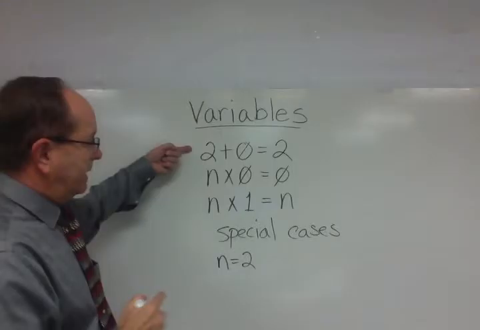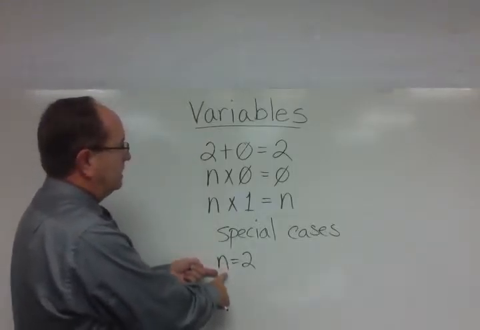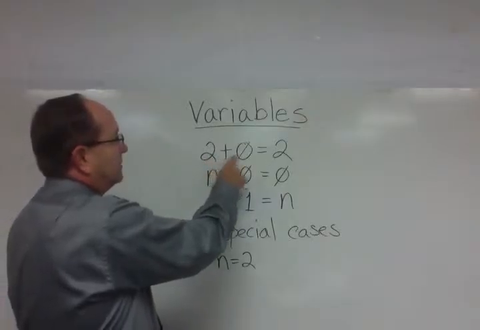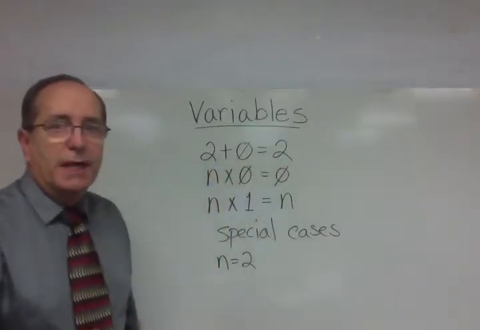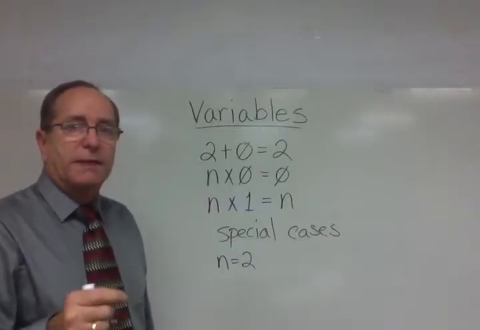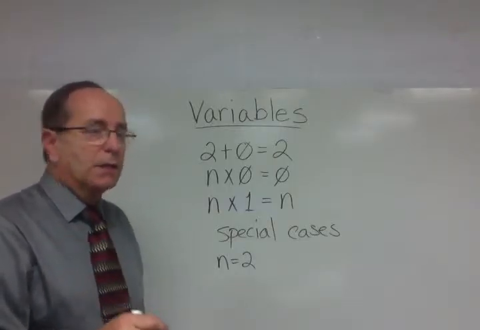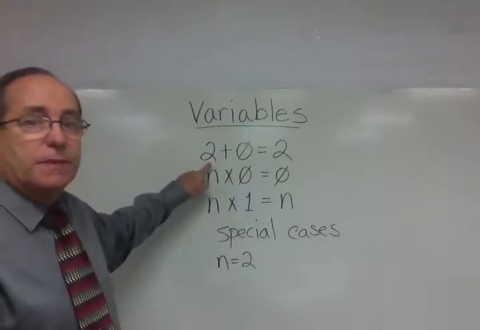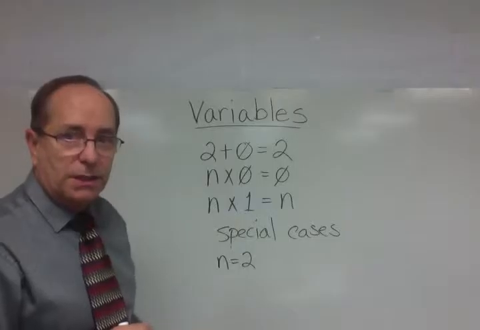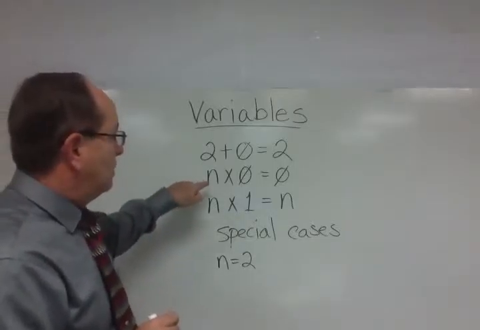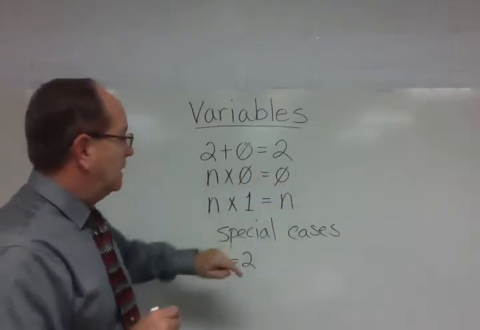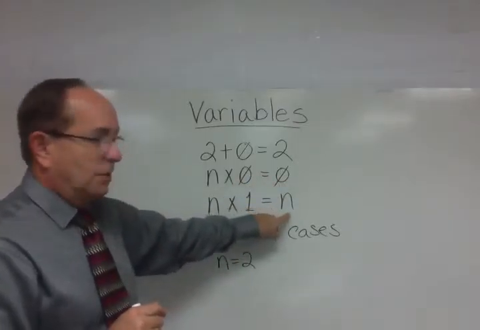So this is a special case because I replaced the n for the value of 2, so 2 plus 0 equals 2. And that's called then a special case, because now I no longer have the variable, but I've replaced the variable, the letter, with an actual number, a specific value, special, specific. So similar in their root words also. So if I put 2 here, 2 times 0 is 0. 2 times 1 is 2.